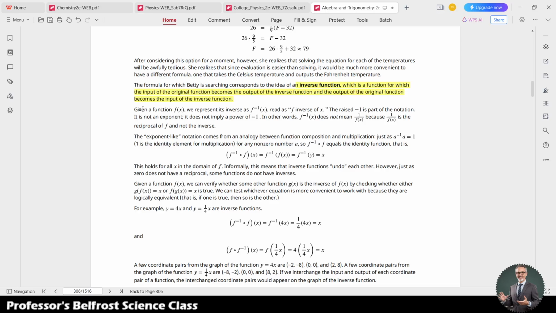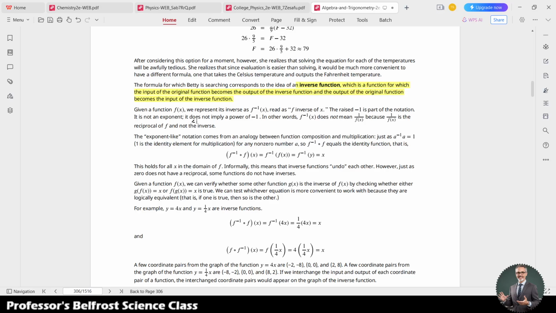So it's written like this. If we have a function f(x), we represent its inverse, I mean the inverse of the function f(x), as f raised to the power of minus 1 of x, okay, or this is read as f inverse of x. So the raised minus 1 is a part of the notation, and this is not an exponent, okay.